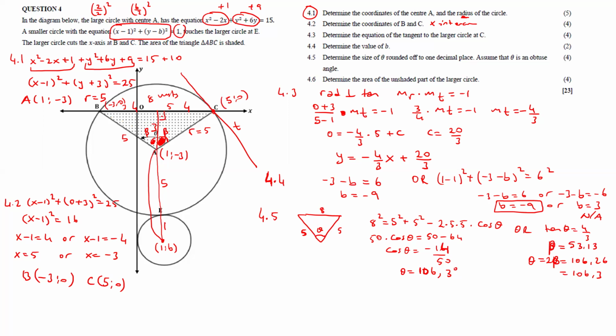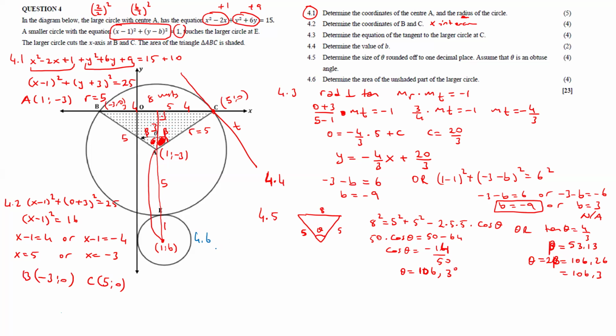Determine the area of the unshaded part of the larger circle. We can solve it here. Let's change the colors. 4.6. The unshaded part will be everything in this circle besides this triangle here.